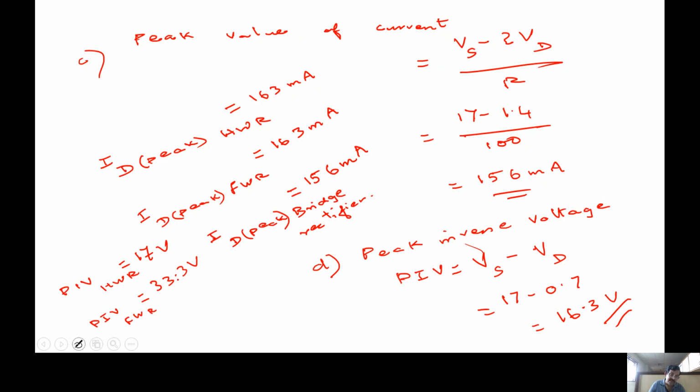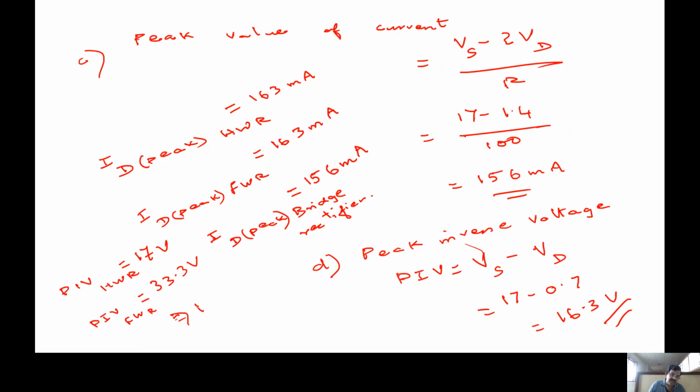This much voltage will appear in the circuit for that given circuit. So if the diode breakdown is say 20 volt, let us say, then definitely we are in for trouble in designing the circuit. So the lower the peak inverse voltage, the better it is.